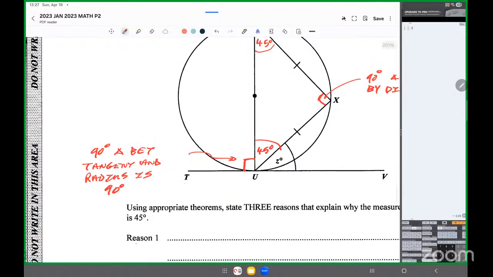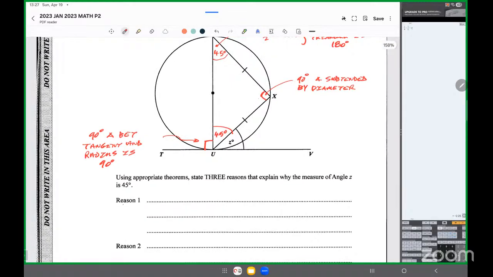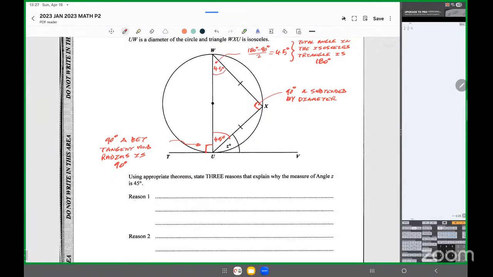I'm going to use those now to explain the reasons why this angle Z is 45.